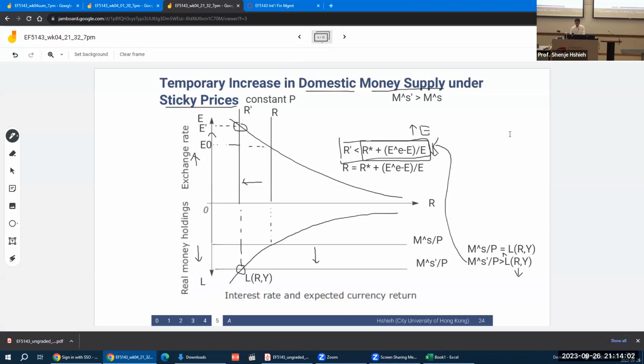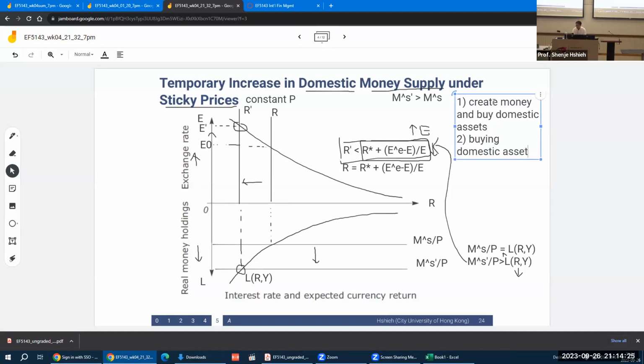All right, last thing. What's the economics? Let's annotate the economics. If the central bank wants to increase money supply, they can do so by creating money and buying domestic assets, let's just say domestic bonds.